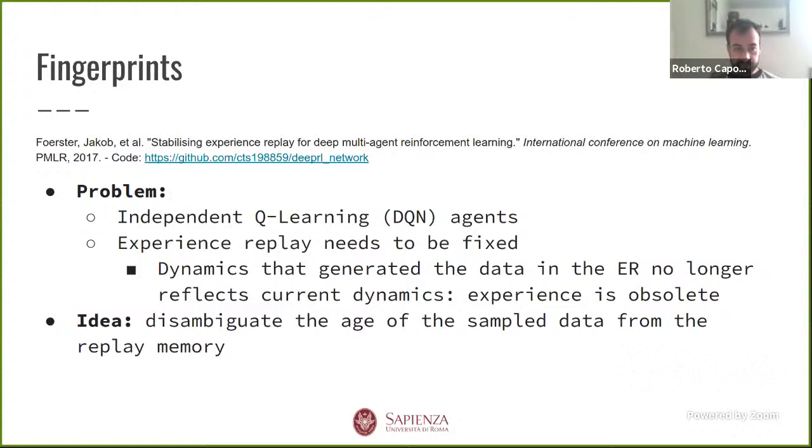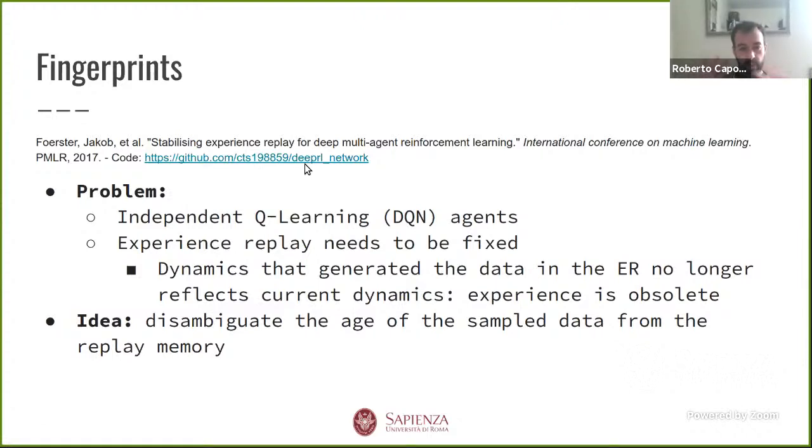Foerster et al. are the authors, of course. They came up with this idea of stabilizing the experience replay by means of fingerprints. We'll see what this is, but I want to say that there is also the code available in this link. I don't think this is the original code from the authors, but it should be quite reliable.